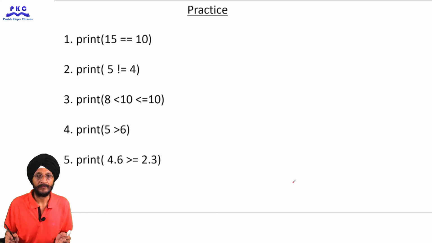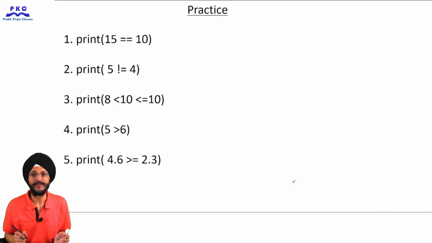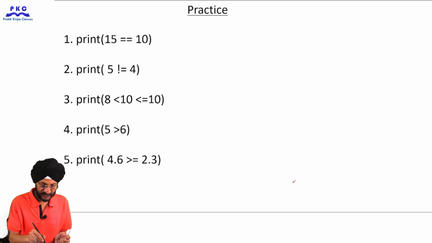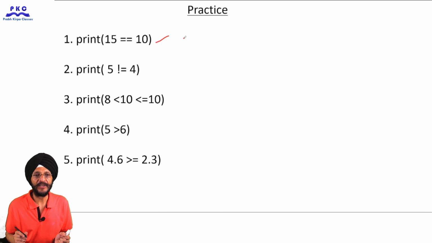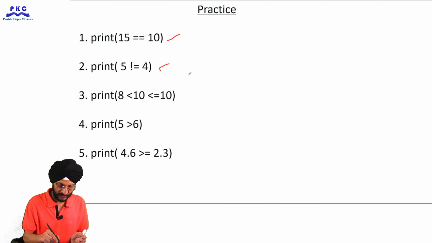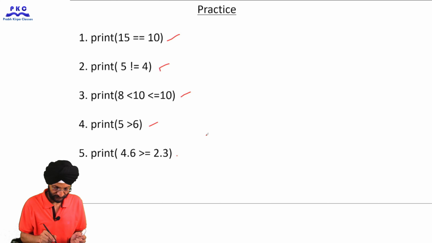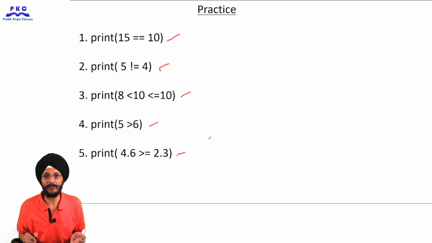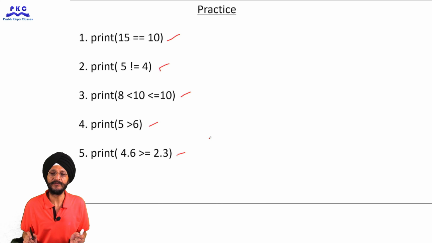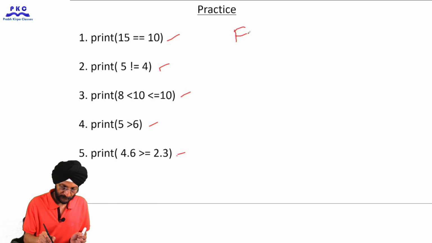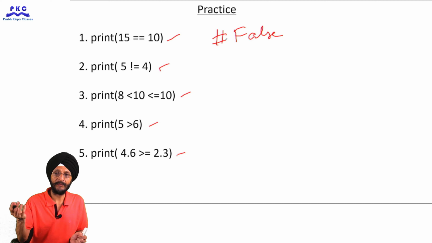Here are some practice questions for you to solve. First is print 15 equals 10, and then there are other questions. You may do it yourself. However, we will also be solving it so that there is no confusion. First is 15 equals 10. You know that 15 is greater than 10 in value, so the output will be false, as given by the Python interpreter.